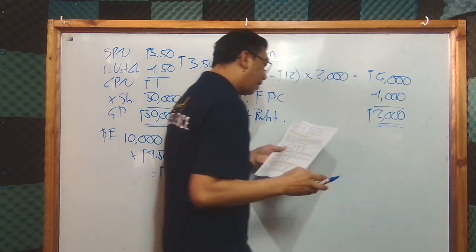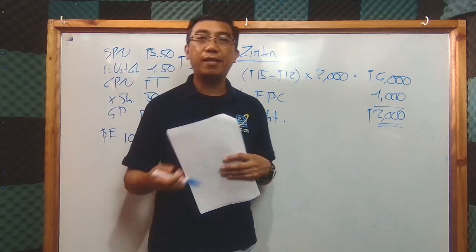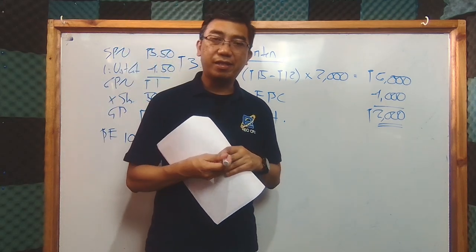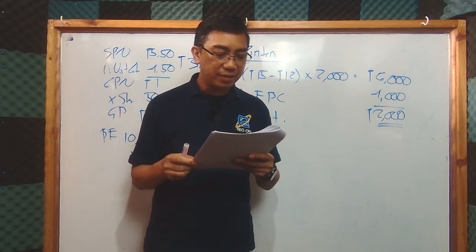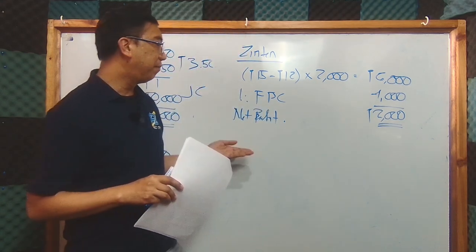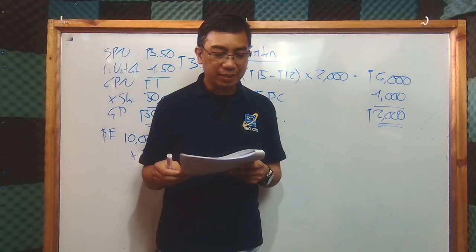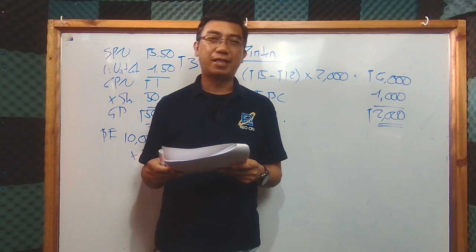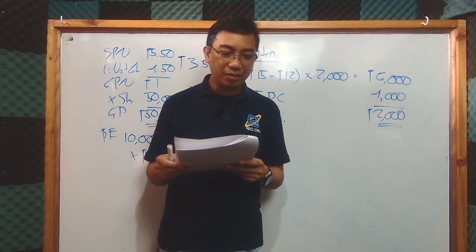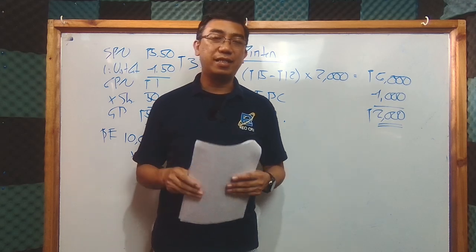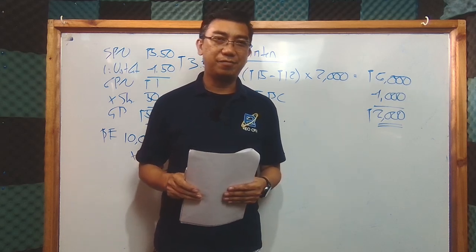Okay? So, class, ano decision natin doon? We would rather process further Silo to become Zinten because our profit will increase by 2,000. Tamang sagot is letter D or delta. Okay, so class, those are the questions related to sell as is or process further.